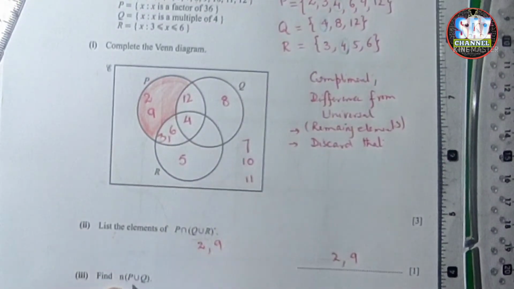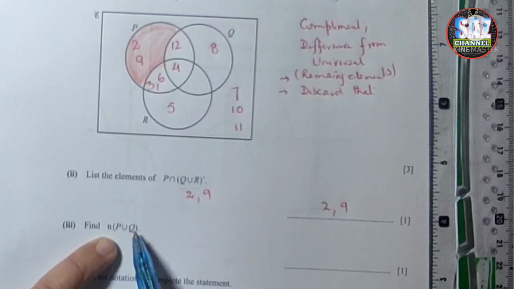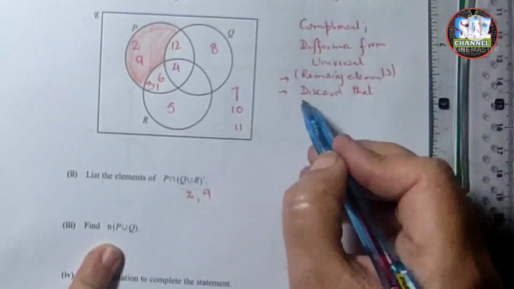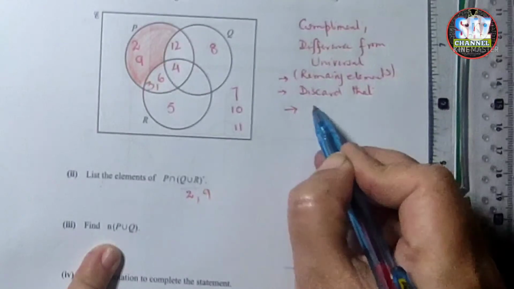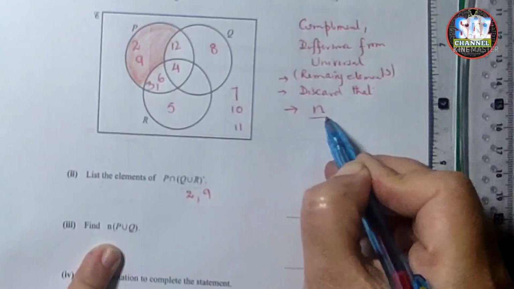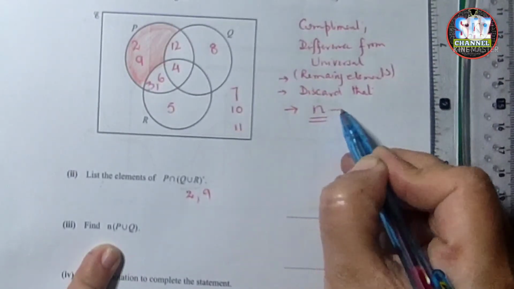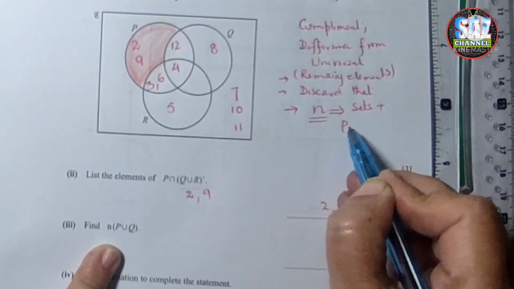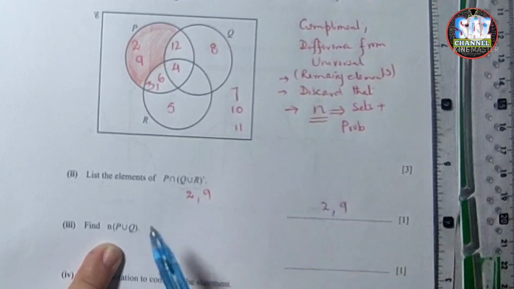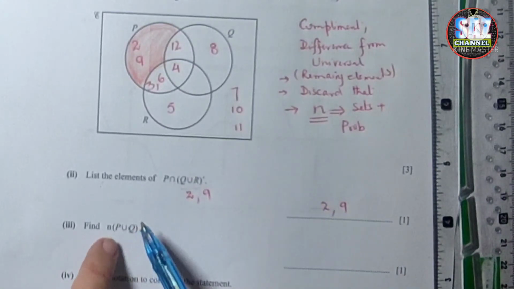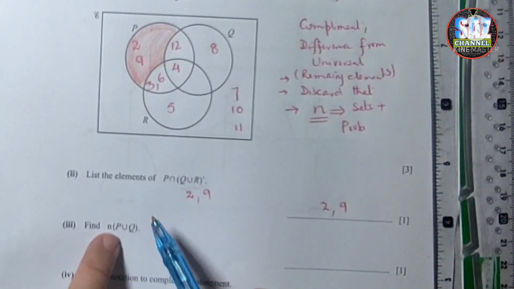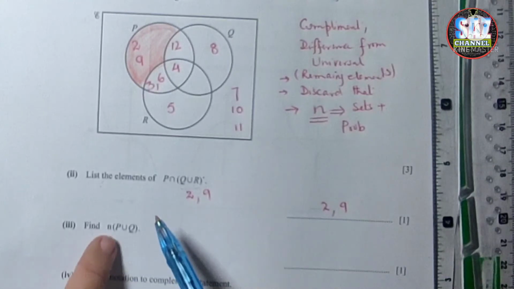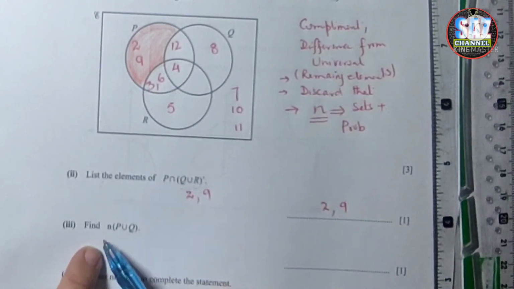And then moving to the number of elements of P union Q. Here again it is really important to understand this symbol, this letter, in sets and probability both. This symbol asks that after calculation we have to tell the quantity, the number; we do not have to give the set as the answer.